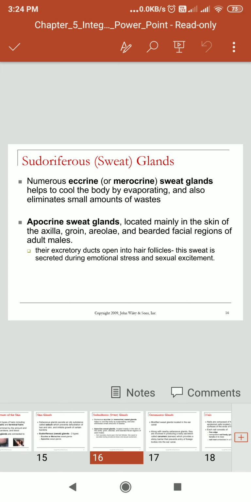The apocrine sweat glands release secretions in many parts of the human body, and are located on the skin of the axilla, groin, areola, and bearded facial regions of the adult male.